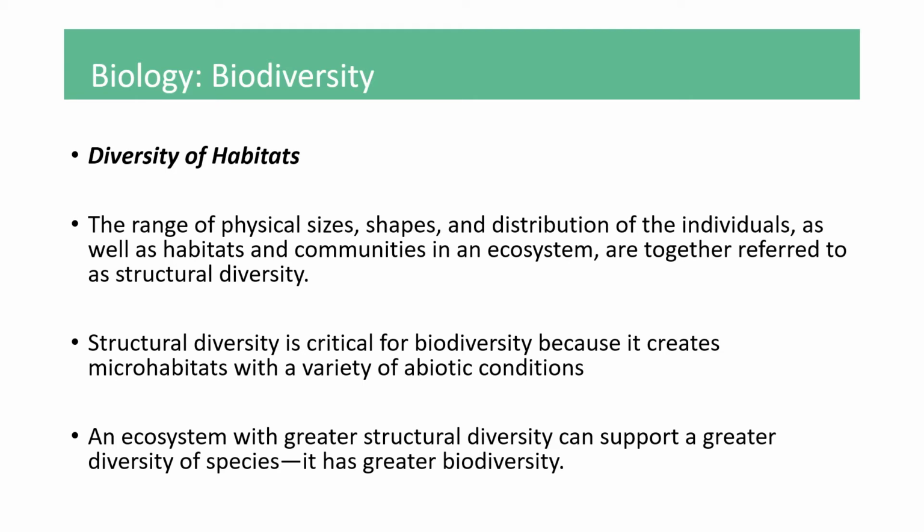Structural diversity is critical for biodiversity because it creates microhabitats with a variety of abiotic conditions. An ecosystem with greater structural diversity can support a greater diversity of species, which means it has a greater biodiversity.